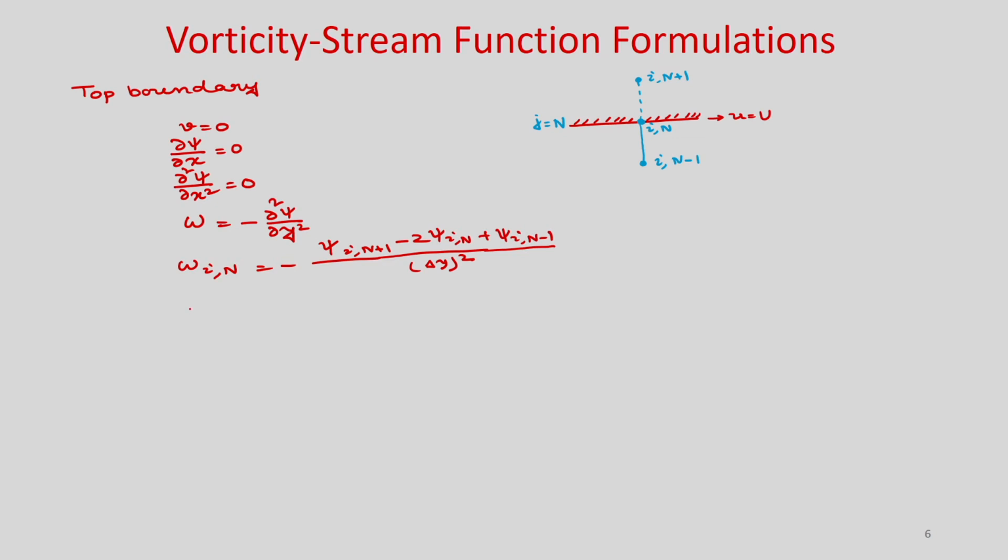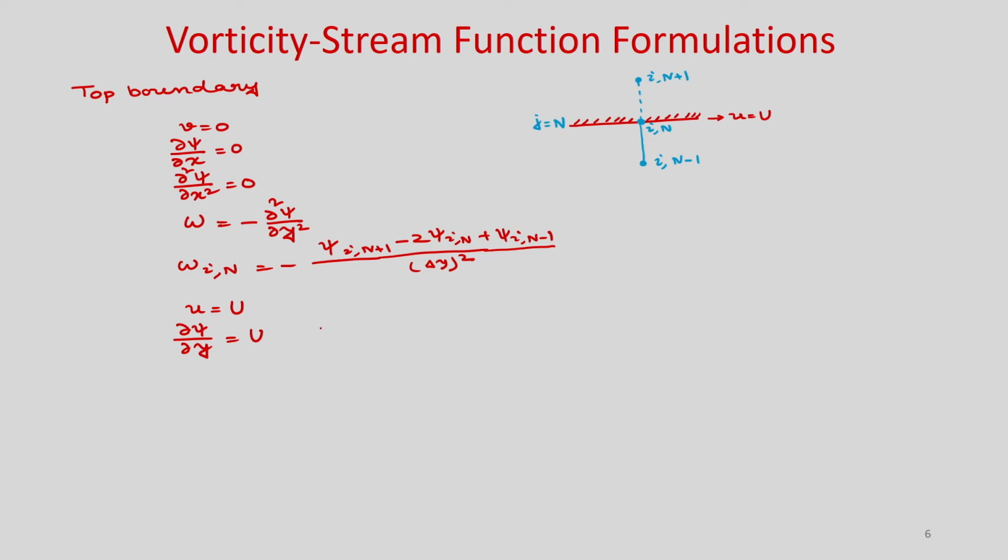For that we will use the tangential velocity. What is the tangential velocity? u is equal to capital U, because it is moving with a velocity u in the positive x direction. That means del psi by del y is equal to u.